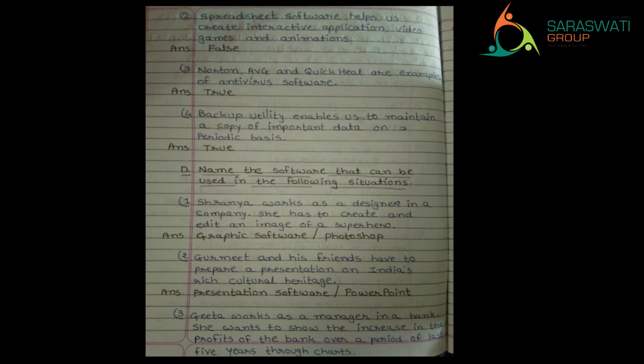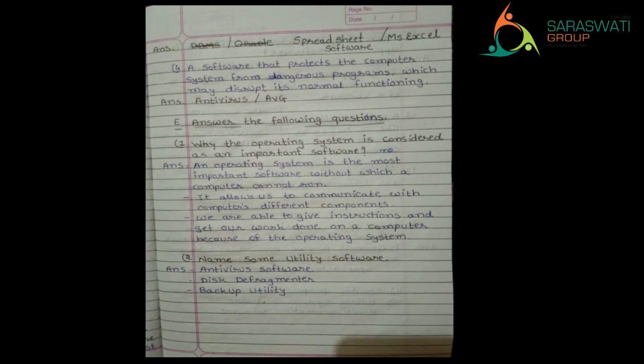Can you just guess? Okay, so I hope you have guessed the correct answer, that she wants to make a chart as well as the data of the last 5 years' profit. So she will use a type of software called spreadsheet software, and the name of the software is MS Excel, that is Microsoft Excel, right?